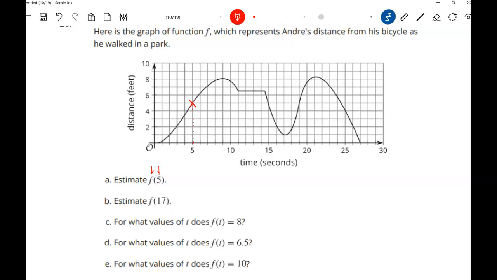The distance is 5. Estimate f of 17, which is the distance after 17 seconds. So 15, 16, here's 17. And here's the distance, which is 1.